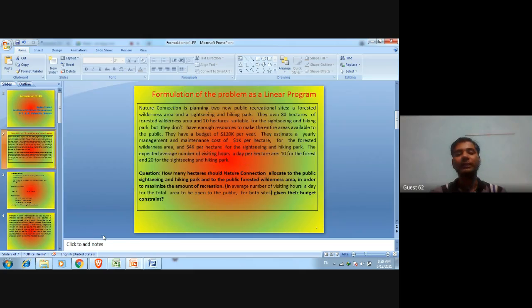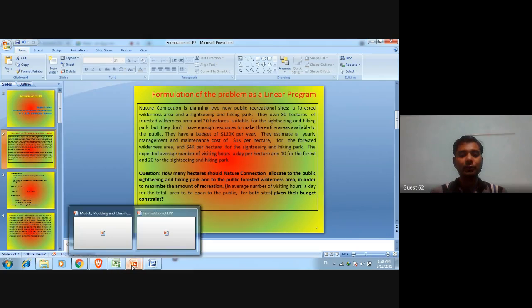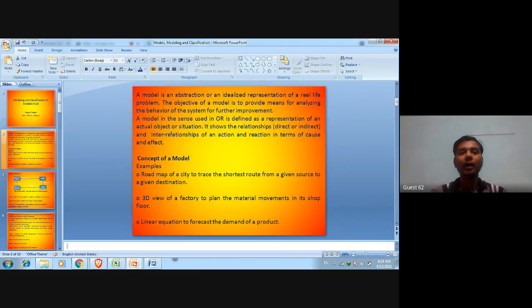So I have shown you an example of how a model represents a real life situation. We can say that a model, in the sense used in operations research, is defined as a representation of an actual object or situation. It shows the relationships, either direct or indirect.